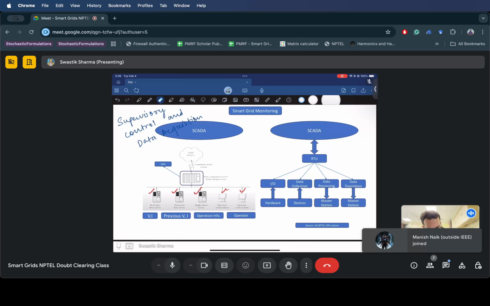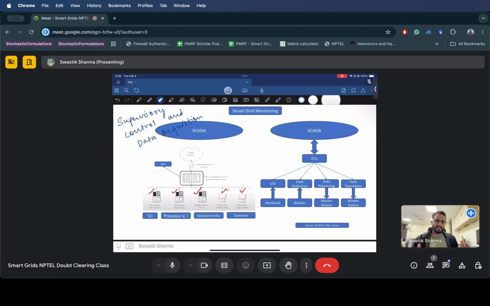SCADA also needs to communicate this data, so from the field devices it sets up communication servers. Since you want the data to be relayed from remote locations, for example, if you are sitting in Delhi and want to visualize what's happening in a particular distribution system.